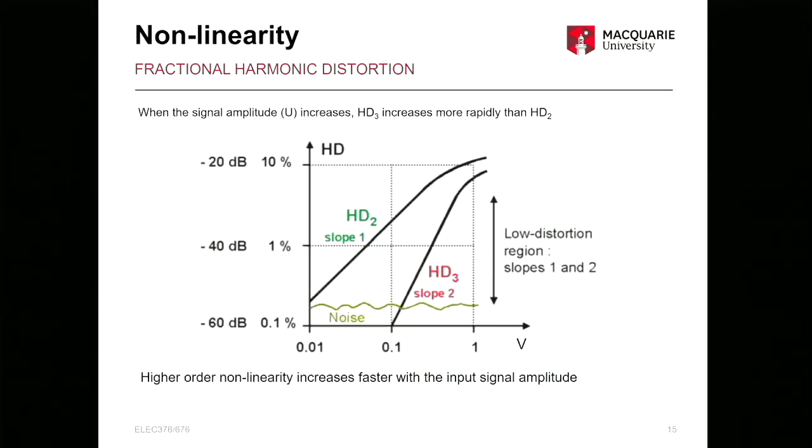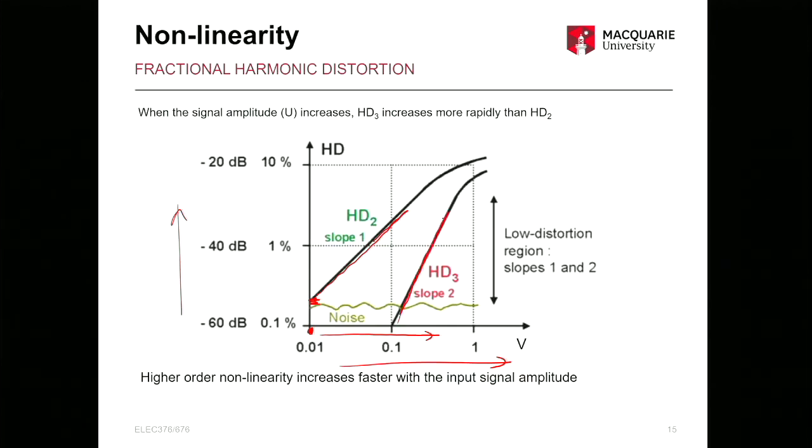So this is the input voltage V, and this is the percentage of harmonic distortion. You see at the lower voltages, SD2 is more. And as the voltage increases, SD2 increases linearly, but SD3 increases in a square law fashion.